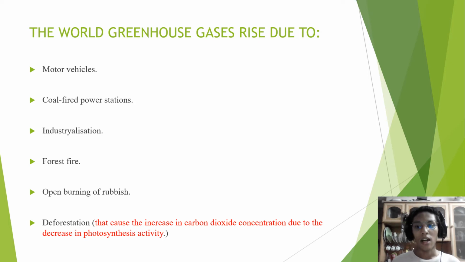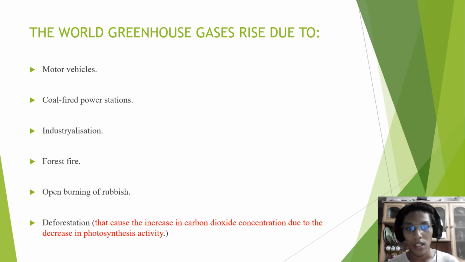But the con of this action is that when the coal is burned at high temperature, it will produce smoke. This smoke contains pollutant gases that can heat up the Earth's surface, hence contributing to the global warming rate.